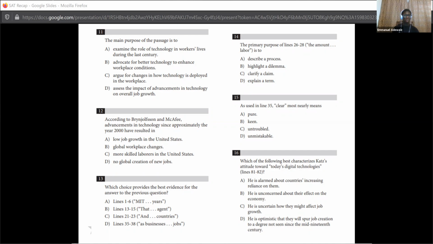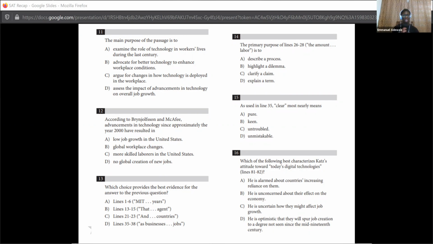So this question, like I mentioned before, asks you about a specific detail in the passage. And in the first paragraph, Brynjolfsson and McAfee have clearly stated that these advances in technology since 2000 have led to low job growth in the United States.